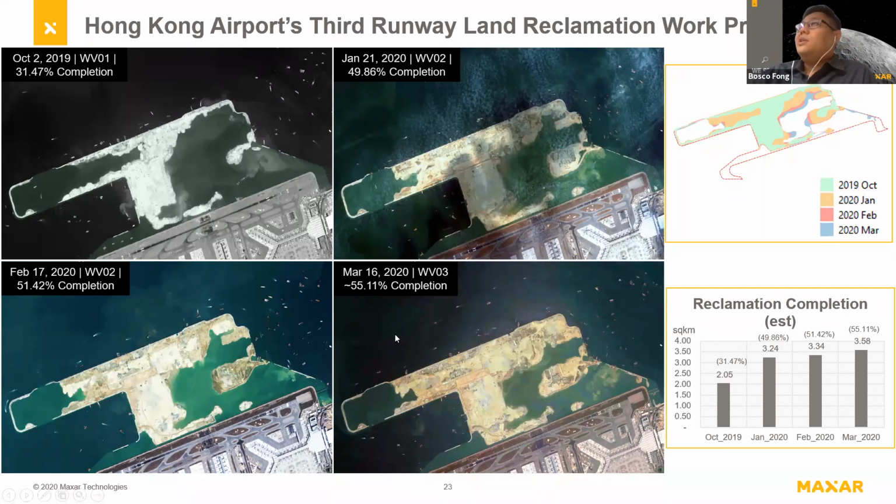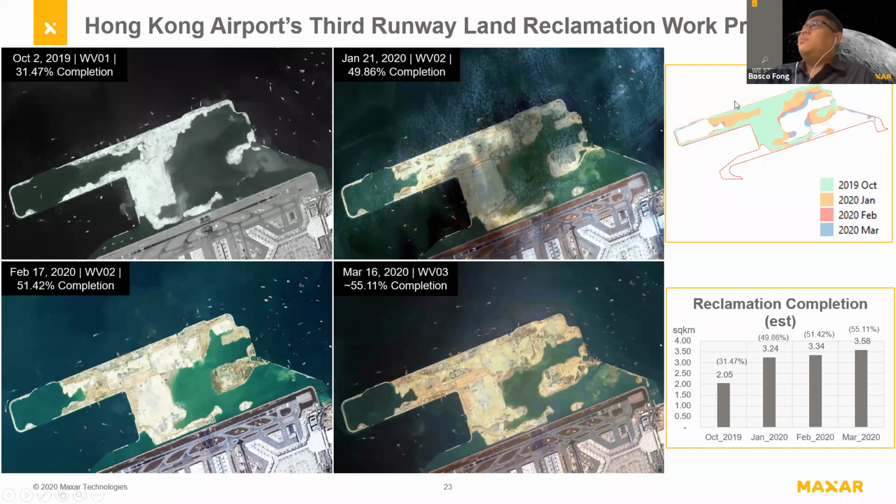So we brought this information into a graph. Now you're able to see the reclamation progress. Based on the last images, the total area is about 3.59. As I mentioned, the total area is about 6.5 square kilometers. In March 2020, it's already 3.58.